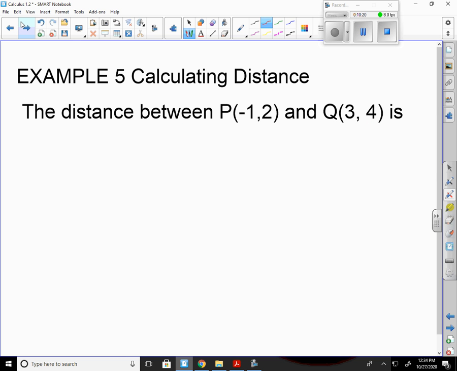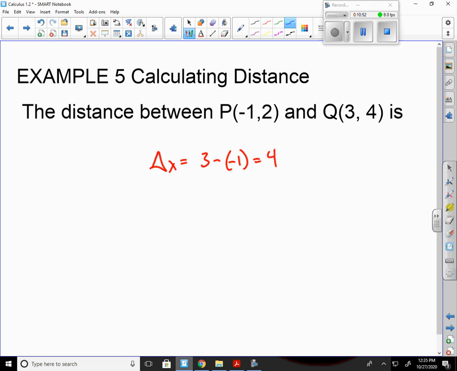So let's calculate the distance between these 2 points. We start by finding our change in x and our change in y. So delta x would be 3 minus -1, which would give me 4. But Russell, how do I know that this is the second point and this is the first point?